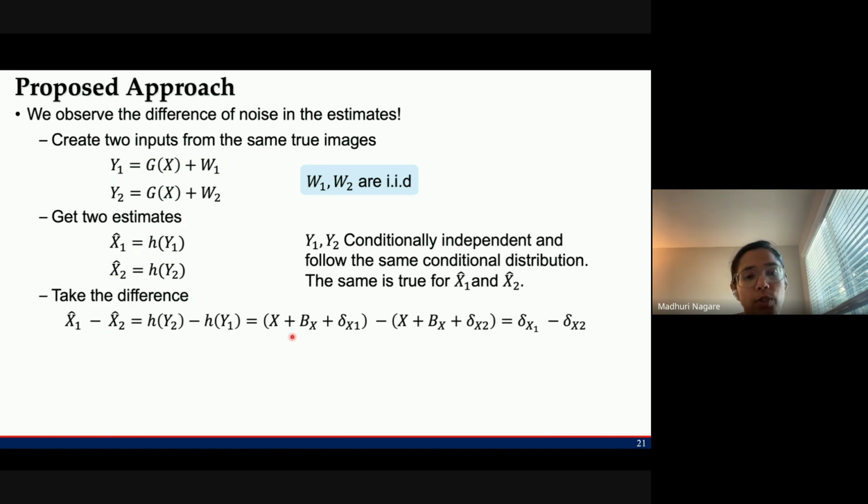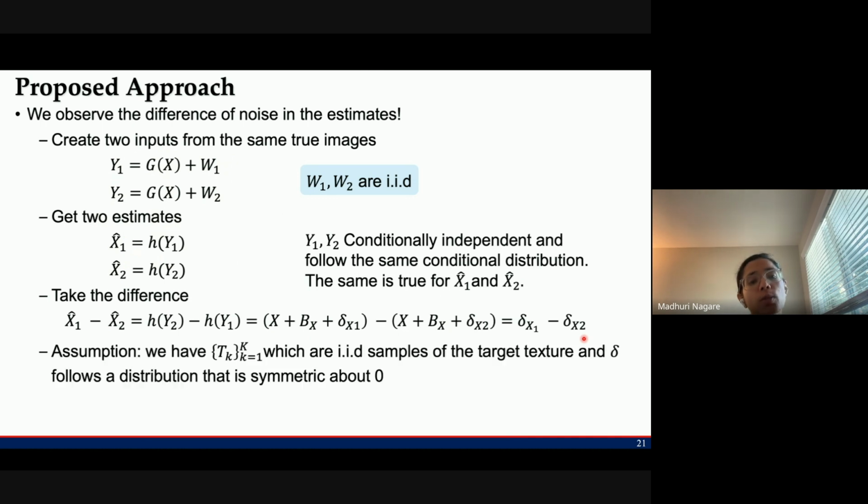If we substitute the three terms as we discussed on the previous slide, X and B of X would be the same because our ground truth image is the same, so they would get cancelled out. And then we'll just get delta X1 minus delta X2, which is the difference of noise in the estimates. So we assume that we have IID samples of the target texture and delta follows a distribution that is symmetric about 0.